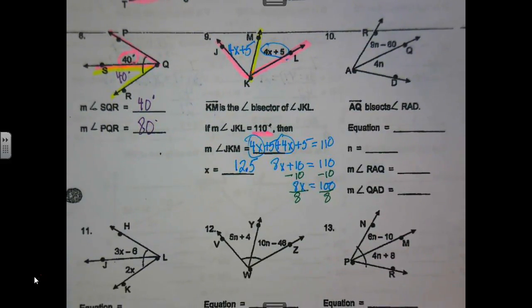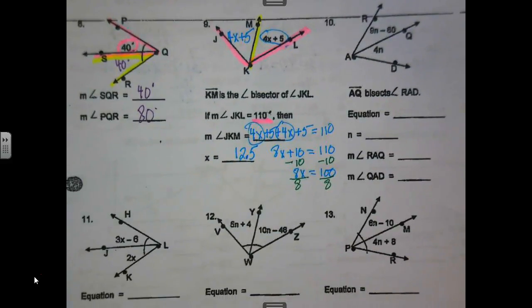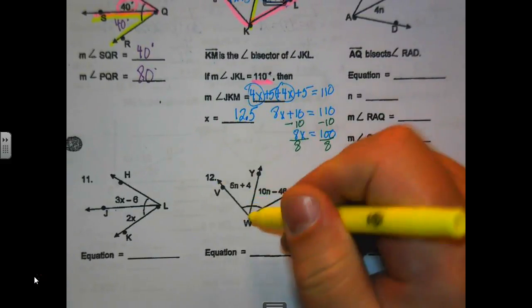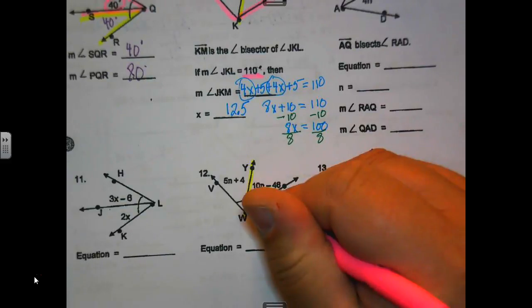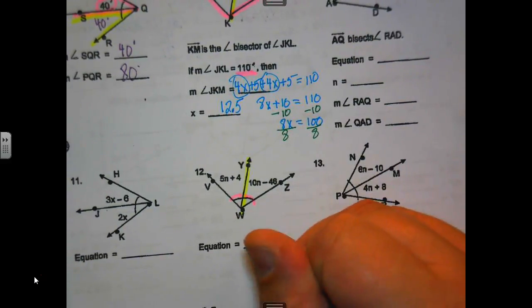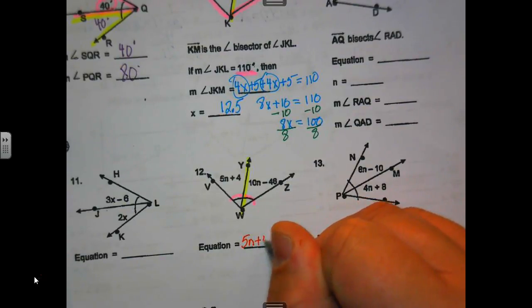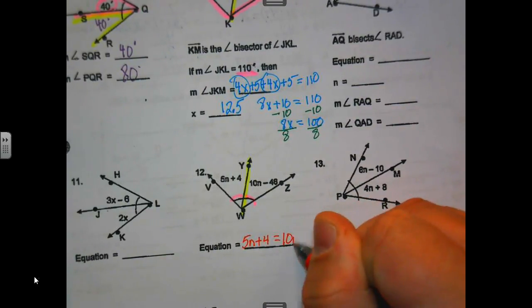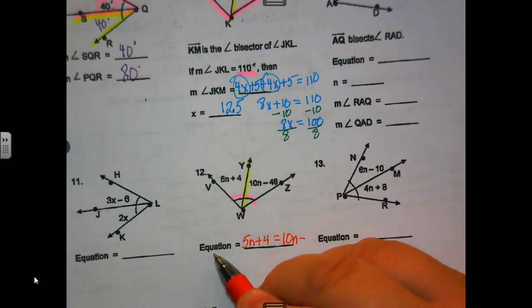Okay, let's do another one. Let's do number 12. Okay, ray WY is an angle bisector. How do I know that? Because there's congruent marks here. Those two angles are congruent, so that means their measurements are equal. Equation.